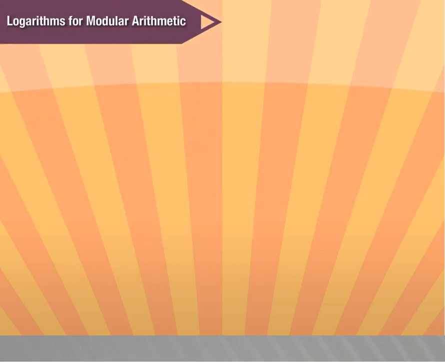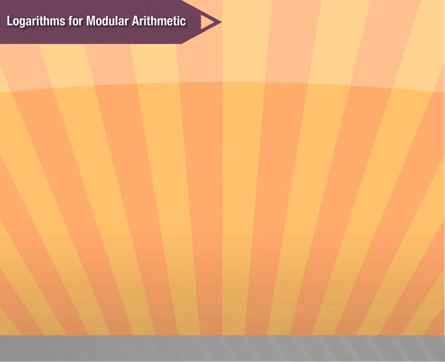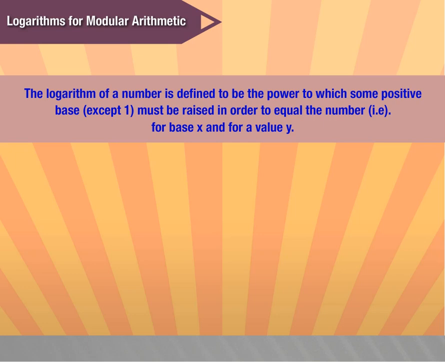Logarithms for modular arithmetic. An analogous function exists for modular arithmetic. The logarithm of a number is defined to be the power to which some positive base except 1 must be raised in order to equal the number, that is, for base x and for a value y, y is equal to x^(log_x y).